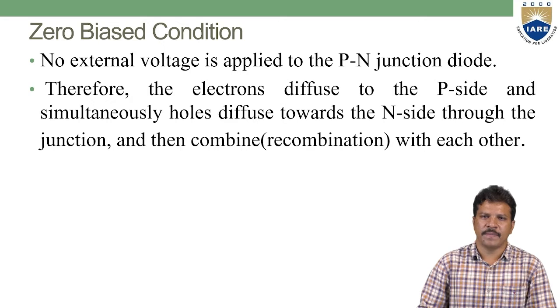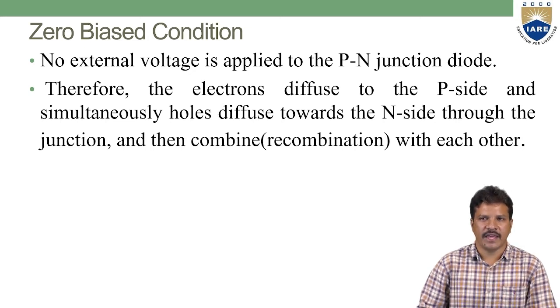The operation of the p-n junction diode can be explained with three conditions, called zero bias condition, forward bias condition, and reverse bias condition. First, we will see the zero bias condition. Under zero bias condition, no external voltage is applied to the p-n junction diode.